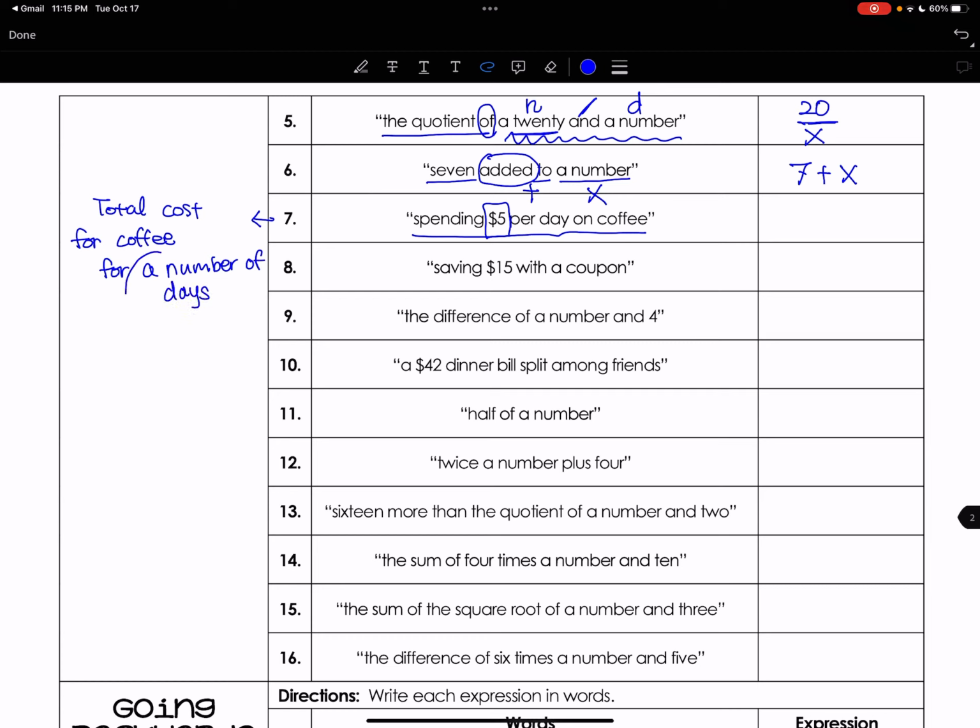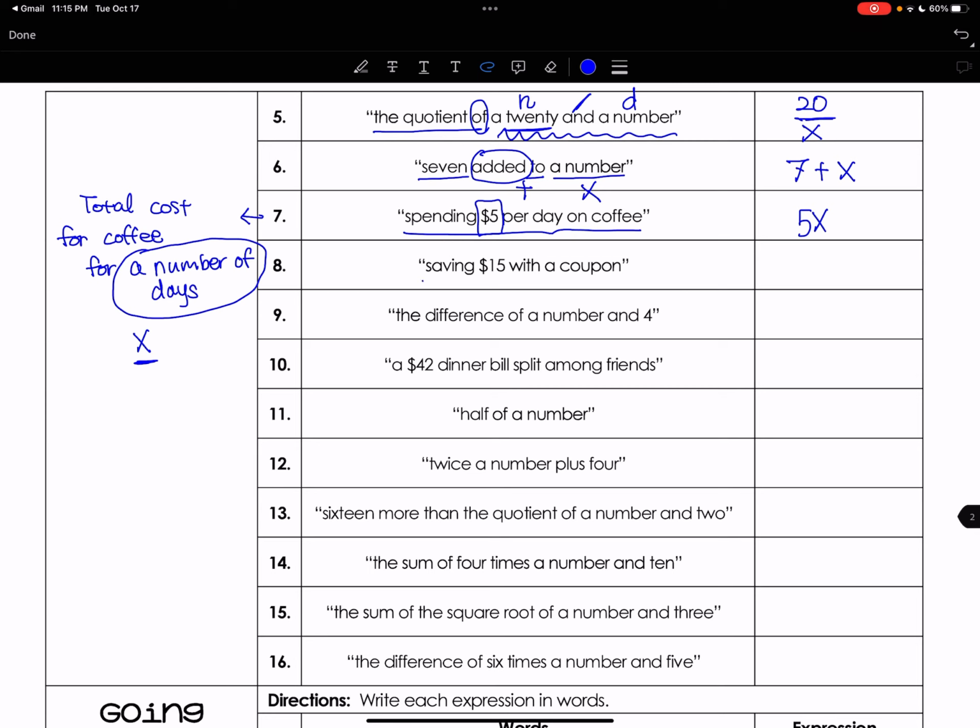So a number of days will be translated as x, and the price needs to be multiplied by x, right? To figure out the total cost. So it'll be 5 times x.